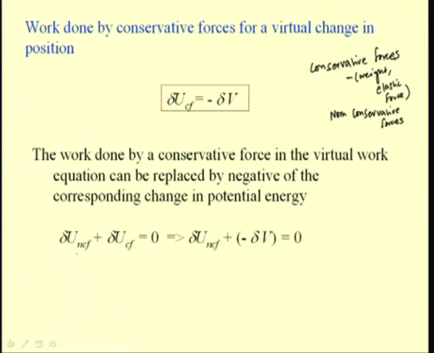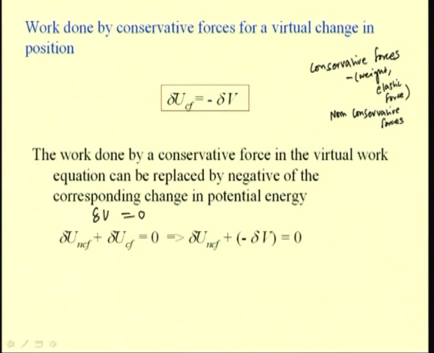So, we have this equation, which is nothing but delta U equal to 0. The total virtual work has to be 0 for the system to be in equilibrium, and that work is divided as two components, the work done by the conservative force and the work done by the non-conservative force.